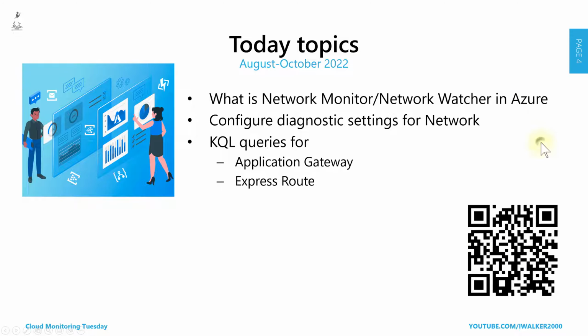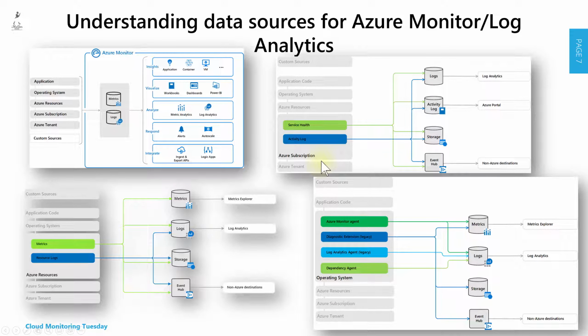You can also use the QR codes on the screen, on the slides; you will see them from time to time. Again, understanding how it works, what the application data and monitoring data are, it's all about understanding how Azure Monitor and Log Analytics work.